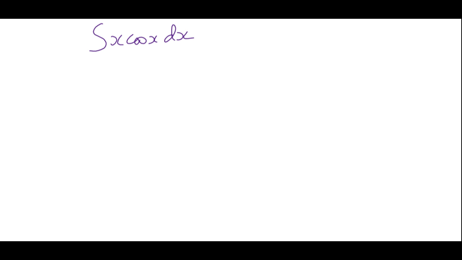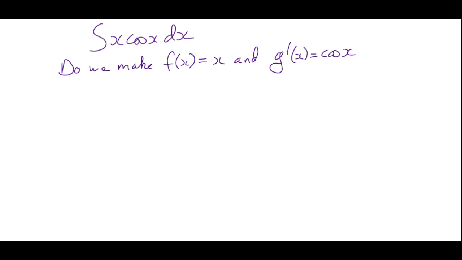We could do it either way. So the question is, do we make f of x equal to x and g prime of x equal to cos x, or vice versa?